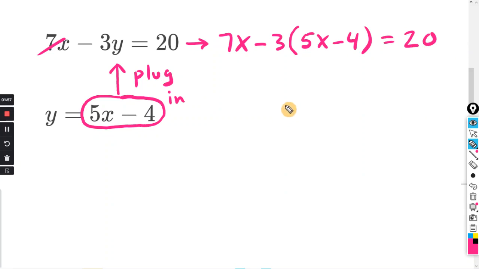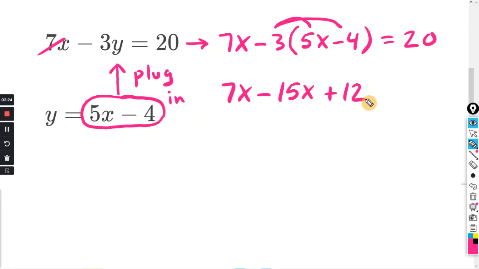So basically what we did is we reduced this equation from two variables to just one variable, and now we can solve it. Okay, we have 7x, and we need to use the distributive property. Negative 3 times positive 5x is negative 15x, and negative 3 times negative 4 is positive 12, and that equals 20.